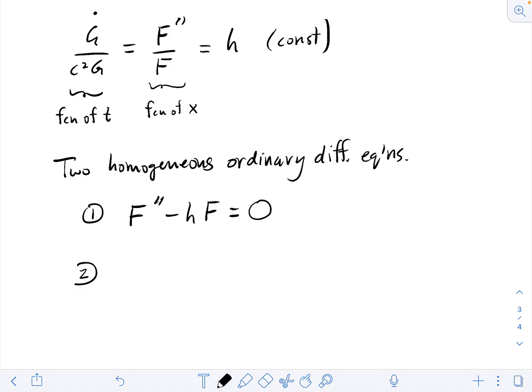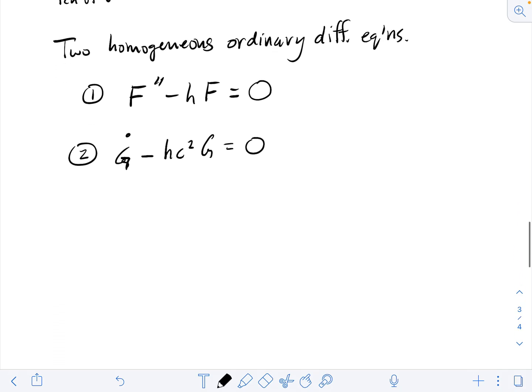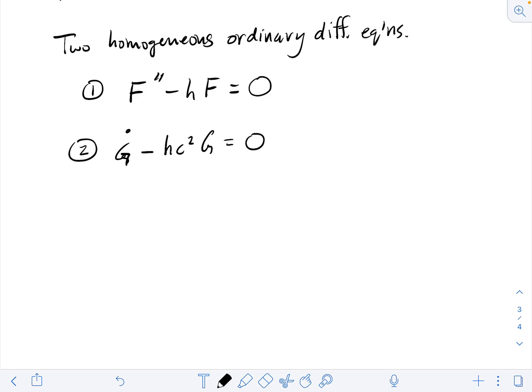Okay, the other one is g prime minus h c squared g is equal to 0. So we've managed to convert our second order partial differential equation, which depended on both position and time, into two separate differential equations. One depends on only position and the other depends only on time.